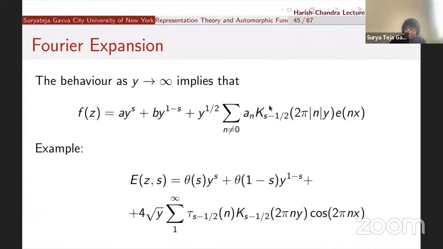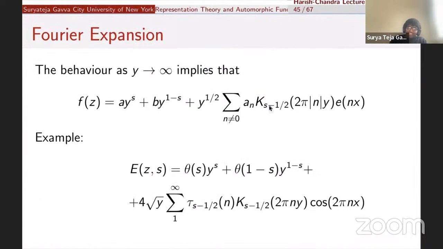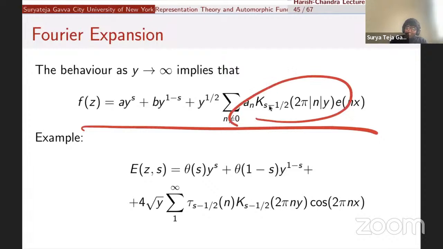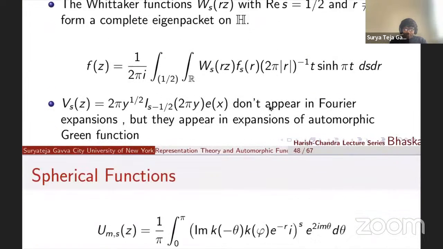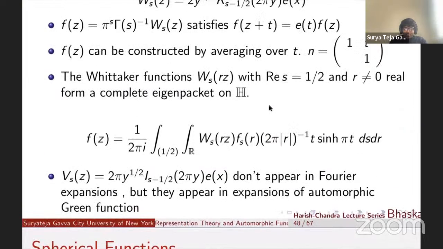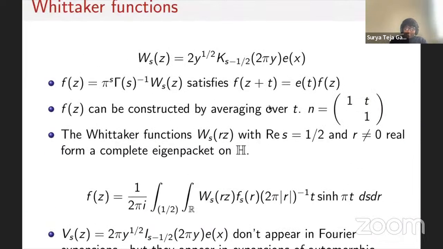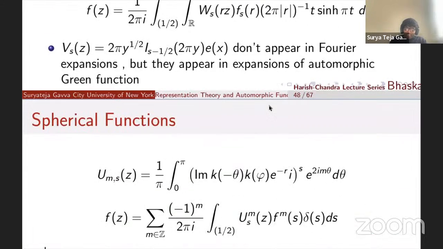In the case of Eisenstein series, for instance, you have these special functions, the K-Bessel functions. The K-Bessel functions are related to what are called the Whittaker functions. So you see a lot of special functions that appear.